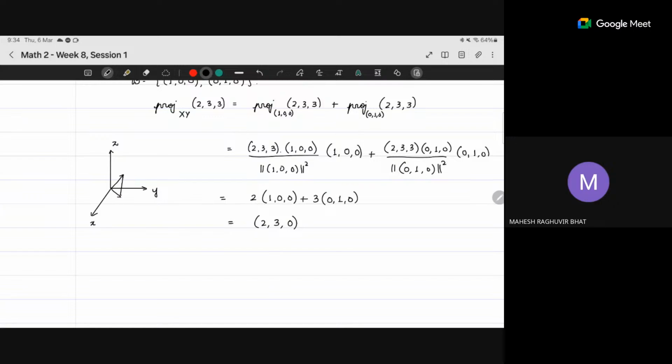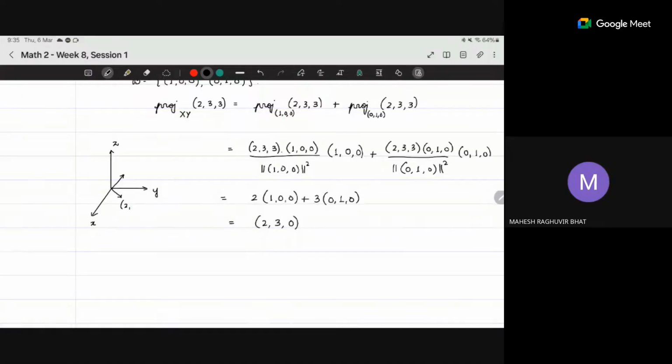So of course you will just lose the height, because you're shining light from the Z direction, perpendicular to the XY plane. All it kills is the height. So the shadow of (2, 3, 3) has to be (2, 3, 0).